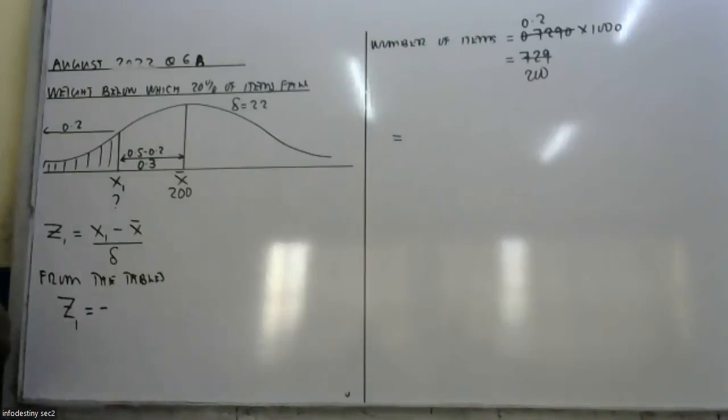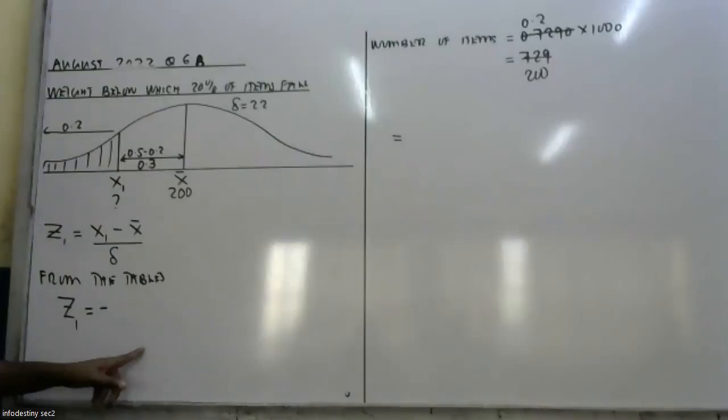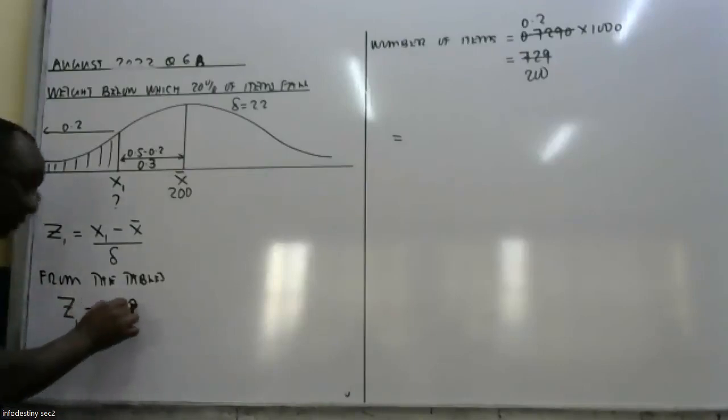Sasa kama umeona hiyo 0.3, nisomee what is in the row. Rudi hapo nyuma usome what is in the row. The title of the row. 0.8. That is the title of the row, eh?